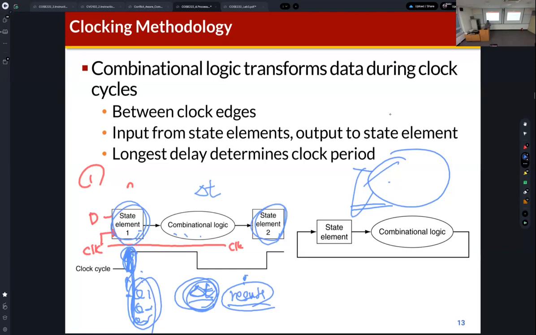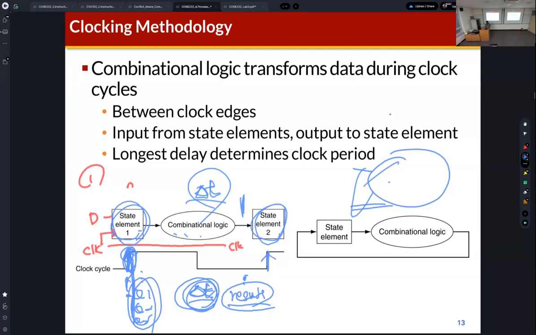The combinational logic has delay delta T, and after delta T the output is stabilized and generated. This output signal also needs to be sampled by the rising edge of the clock.